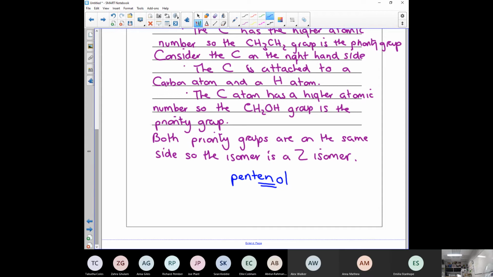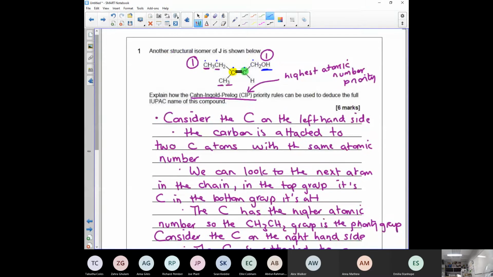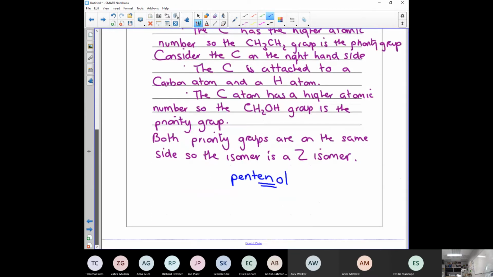And there's also something that I've forgotten to put in, where the double bond is. So the double bond is on the second carbon.